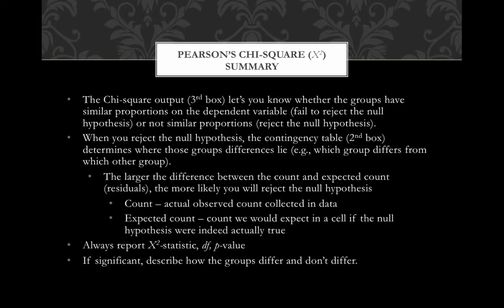And then if we see significant differences, we look at the residuals to help us explain where those significant differences lie. Always report your chi-square test statistic, your degrees of freedom, and your p-value. And then again, if significant, describe how the groups differ and don't differ by utilizing your residuals to help you describe it.